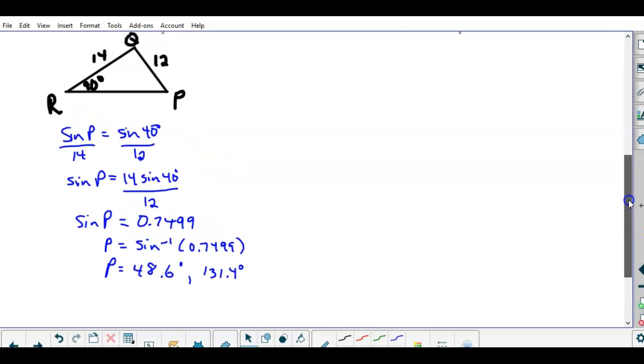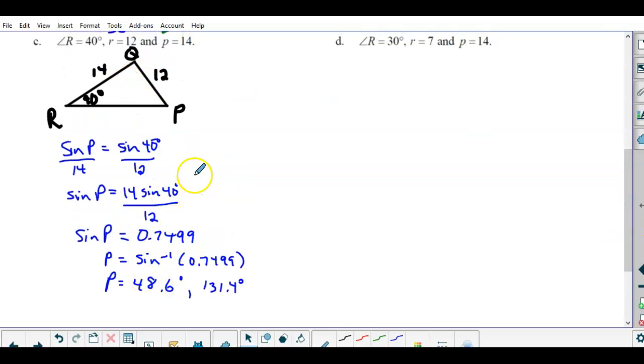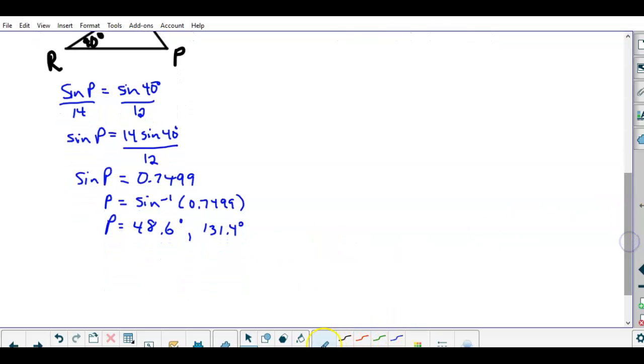Okay, now the diagram that I chose, the 48.6 makes sense, but what it could also look like would be here, extending out further, okay, and then back this way.